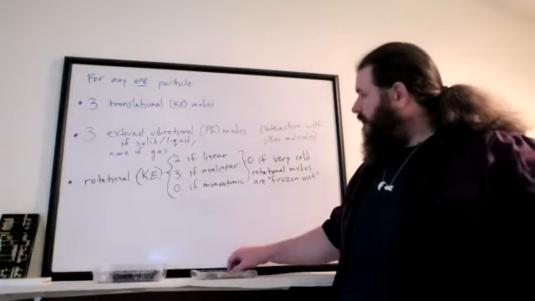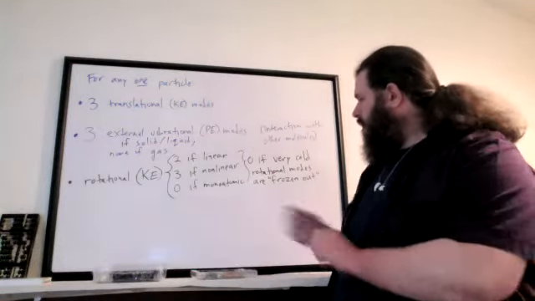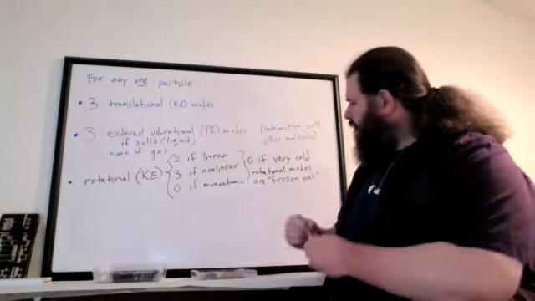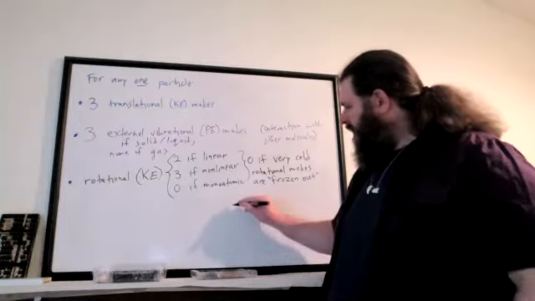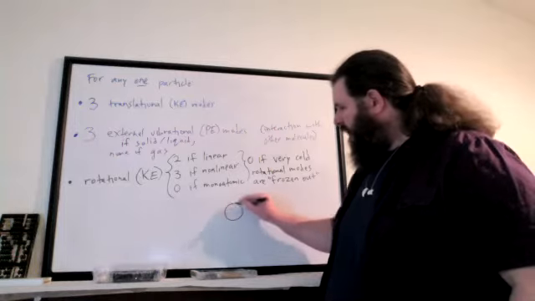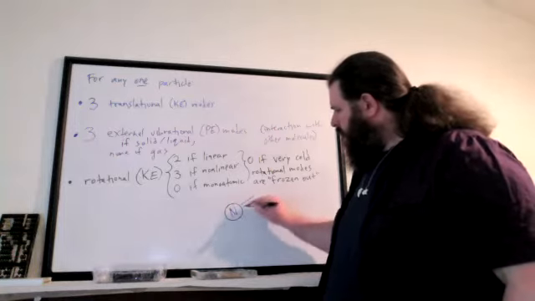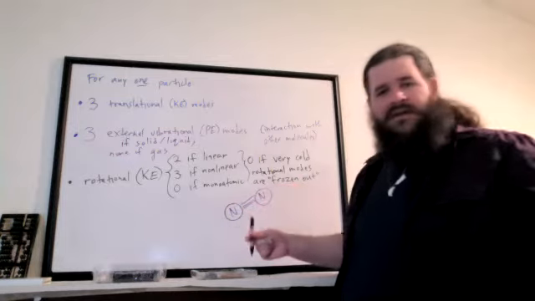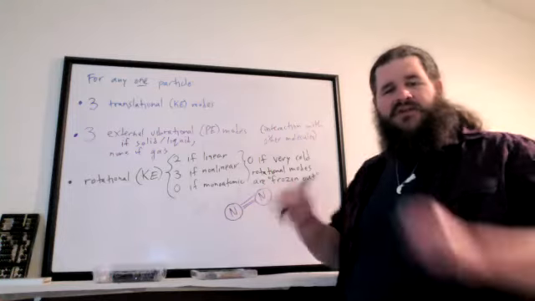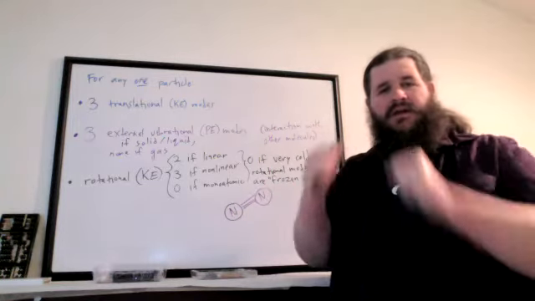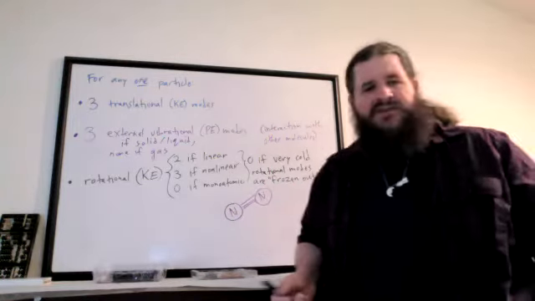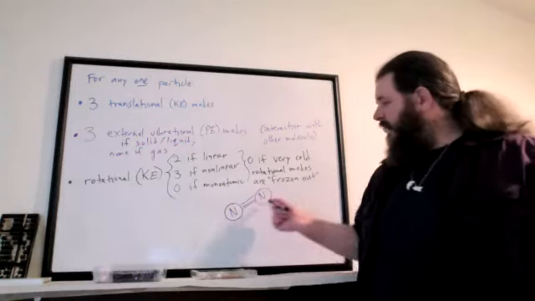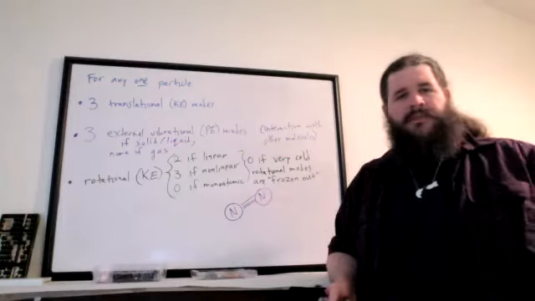So for instance, if you have a molecule, let's go back to that nitrogen molecule from earlier. Within this molecule, this nitrogen atom and this nitrogen atom can be vibrating against each other. The molecular bond acts like a tiny invisible spring also. So there could be oscillations going on inside this molecule.